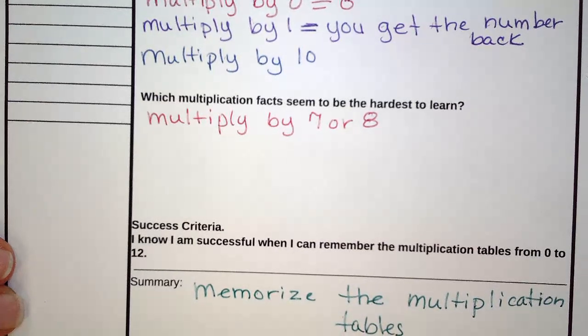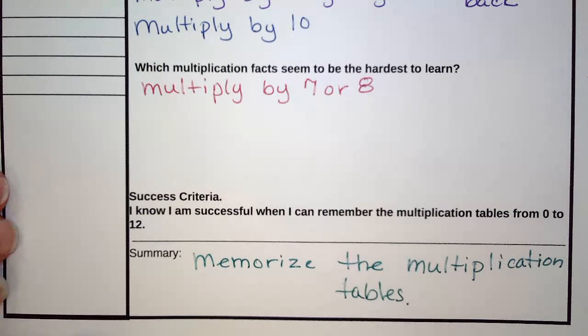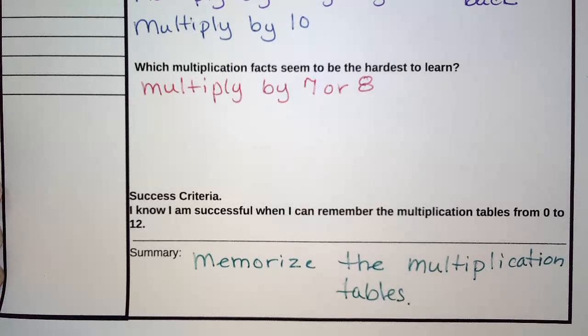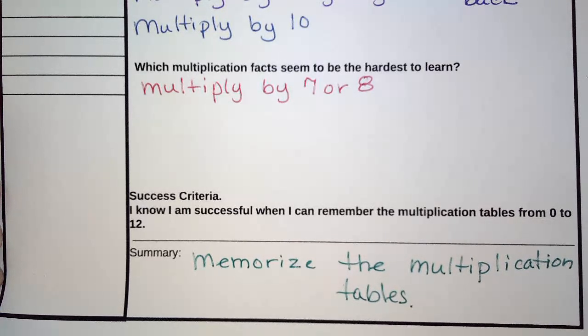Make sure you're using the flashcards. We've got some online resources that are in Google Classroom that you can use that are really fun. They make it into a game, and it makes it more fun to learn if it's a game. So let's work on our multiplication tables from 0 to 12.